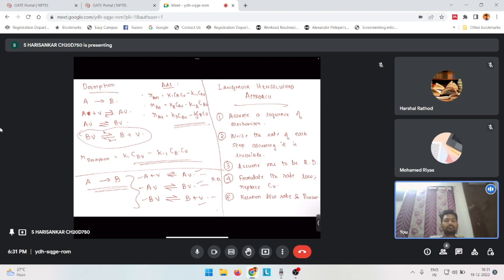As I said, if you have these terms CA, CB, and so on, you can write them as PA, PB, which are the partial pressures of A and B. By using this approach, you can find a relation between the rate and the pressure of the system. And the final step is to compare it with the raw data.